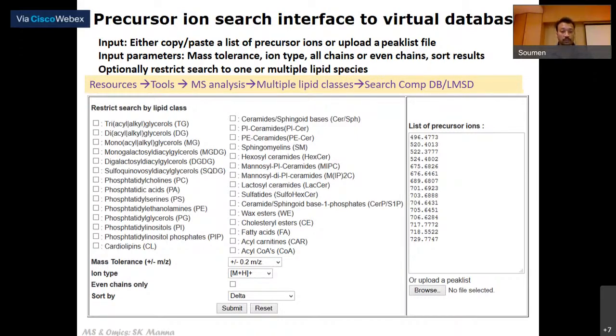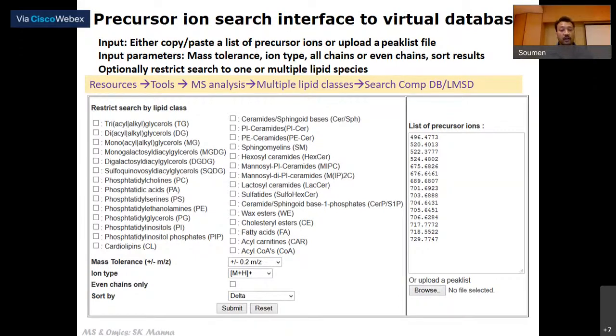For example, here we have chosen protonation, but as we have discussed, it may not simply be protonation. It may also be a sodium adduct, a neutral loss, an ammonium adduct and stuff like that, so you have to be mindful about that.